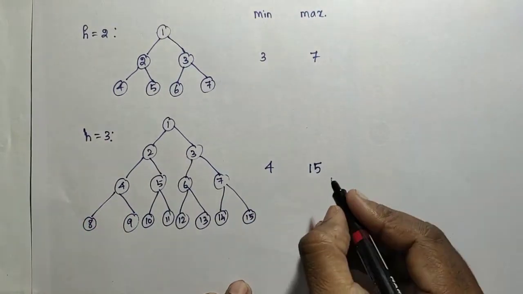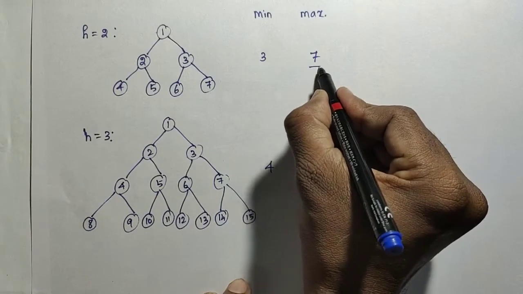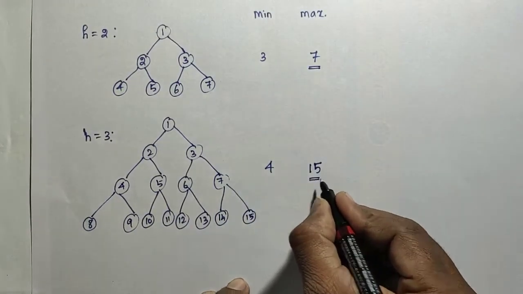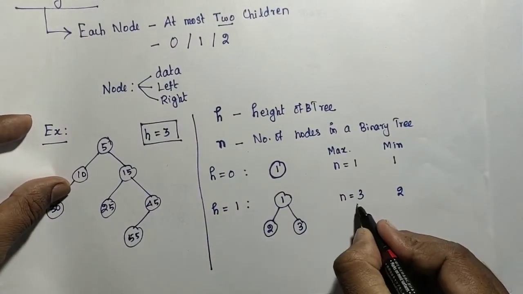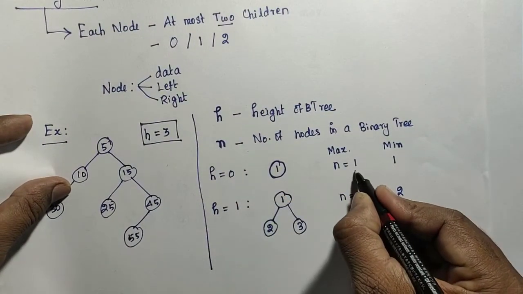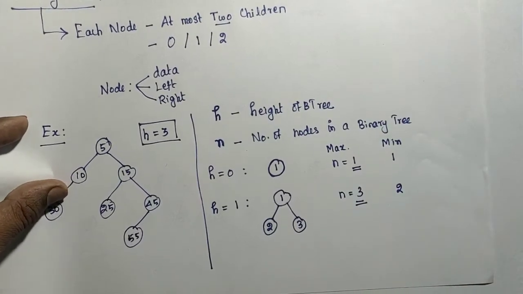So generally how can we define this number, that is maximum 7 and then 15, and then for the height equal to 1, 3, and height equal to 0, maximum is 1.